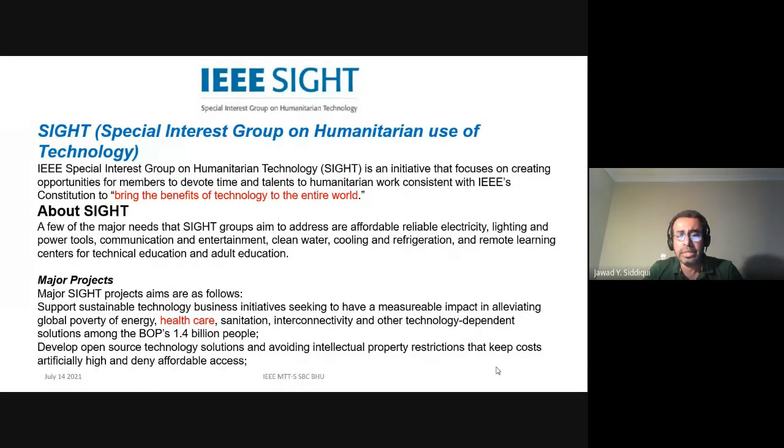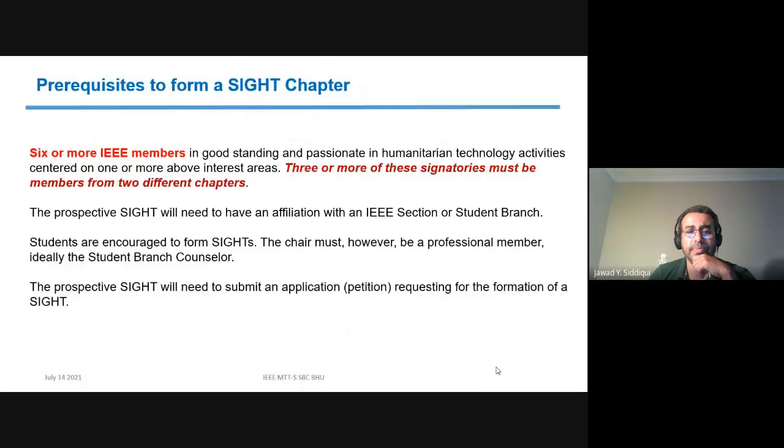Some of the major projects of SIGHT aim to support sustainable technology business initiatives seeking to have measurable impact in alleviating global poverty in energy, healthcare, sanitation, interconnectivity, and so on.